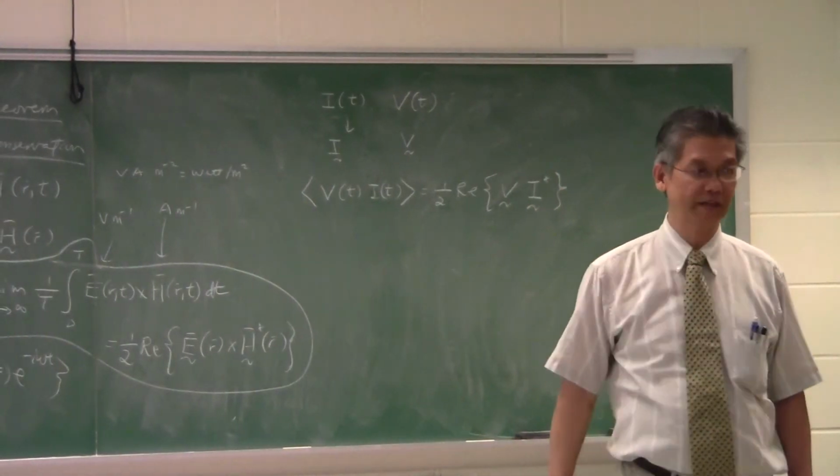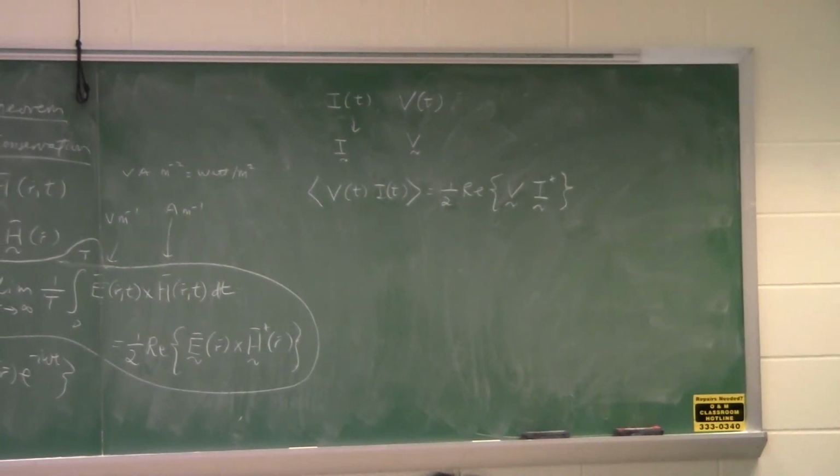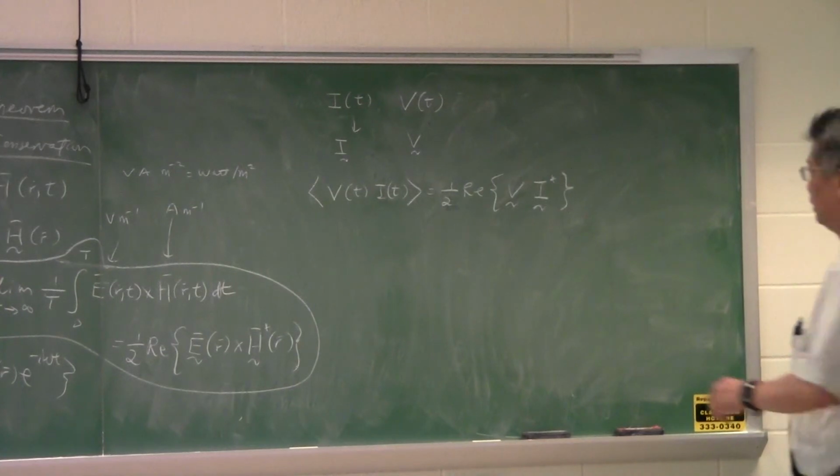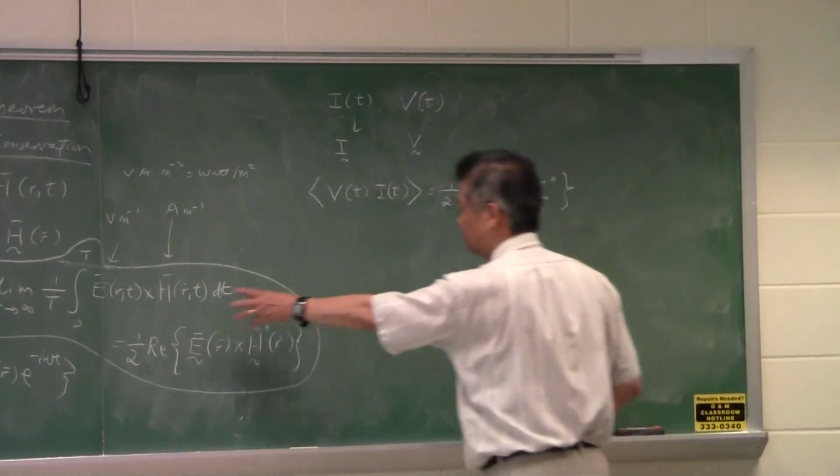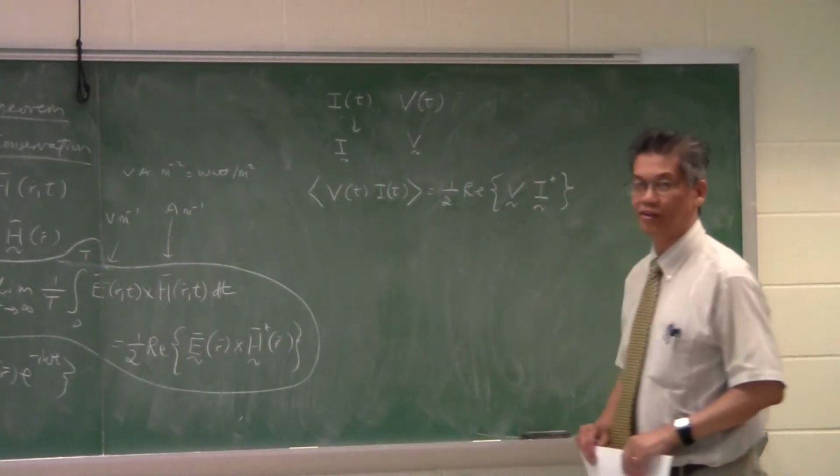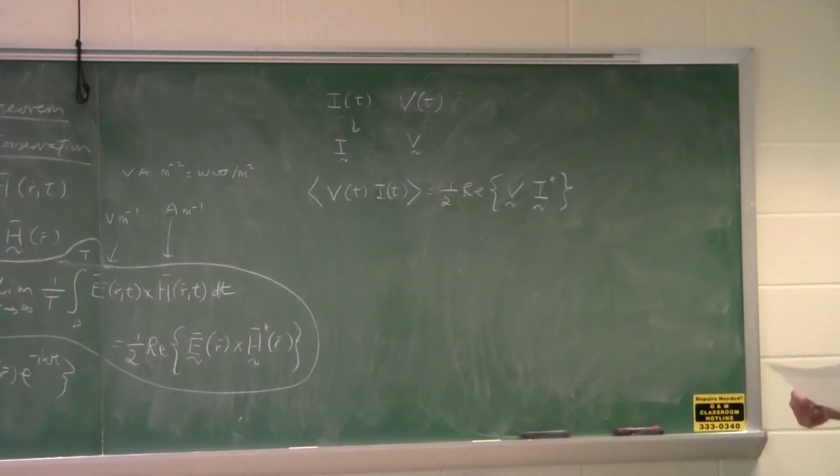This is something that you might have learned, and might have been first proved to you, in circuit theory. If you repeat this proof for this one, you will get exactly this relationship. I hope I don't have to prove that to you.